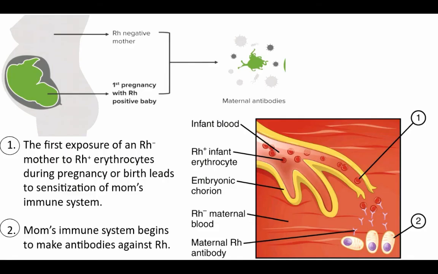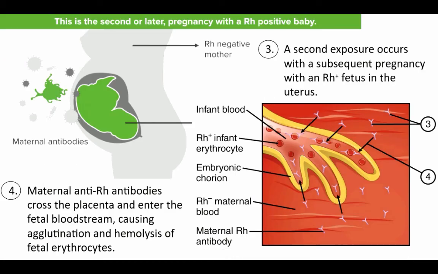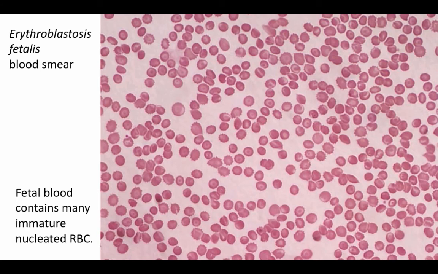During birth, you get the rupture of the chorion membrane, and then the mom's blood becomes sensitized. Then, in a second pregnancy, that fetus can be at risk. This is referred to as hemolytic disease of the newborn, or erythroblastosis fetalis. And this is a blood smear from a baby that had this condition.